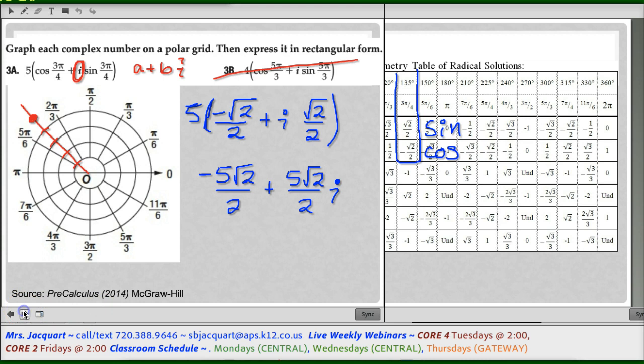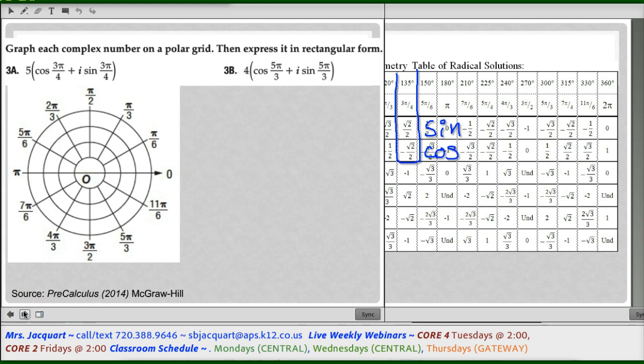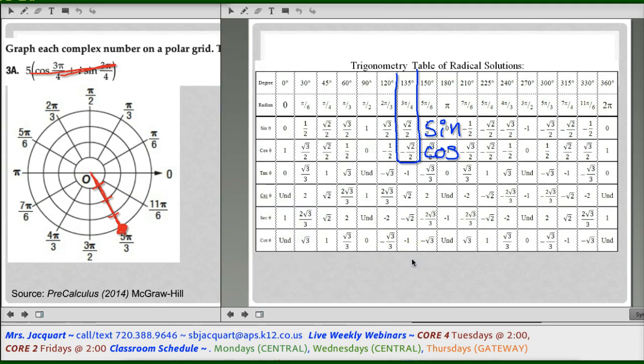Okay, so now let's work on the second problem. Let's go to 5 pi thirds, which is right here. It's on this line. Now we're going to go out 4. 1, 2, 3, 4. Okay, so with that same information, let's come back to this other one.